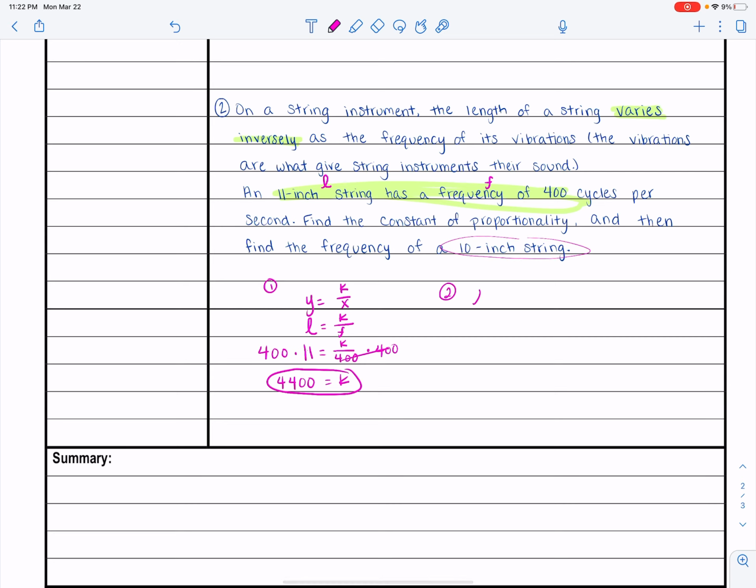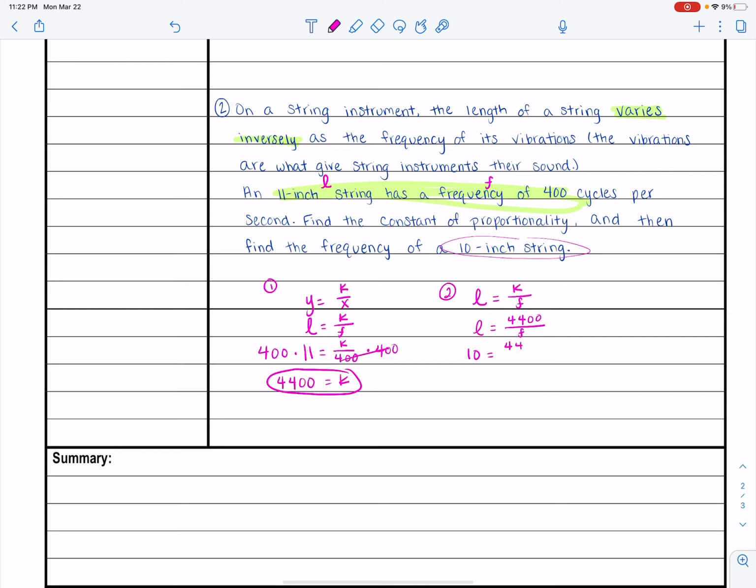So I know that the length of the string varies proportionally with the frequency. I know that the proportion we have in this situation is 4,400 cycles per second divided by the frequency. They're telling me I have a 10-inch string, so the length is 10.